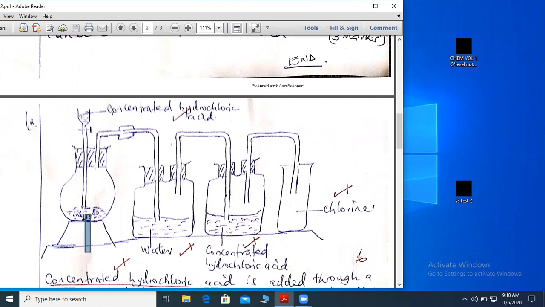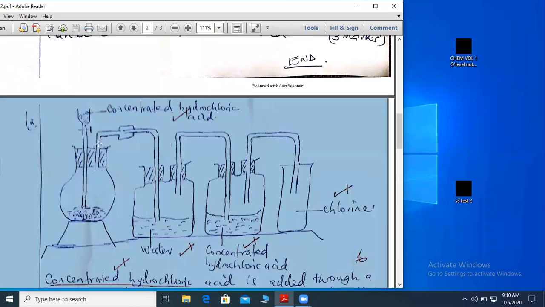Then when concentrated hydrochloric acid gets to potassium manganate 7, a greenish yellow gas is given out, which is chlorine. And that greenish yellow gas is first bubbled through water.